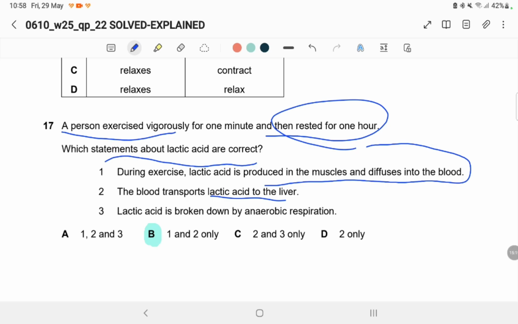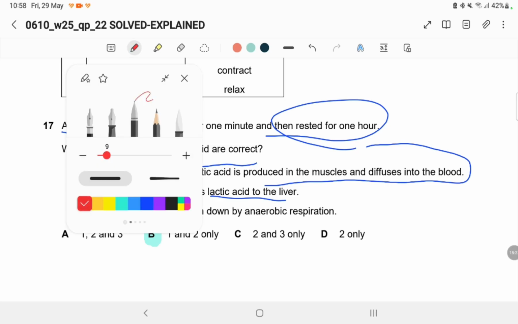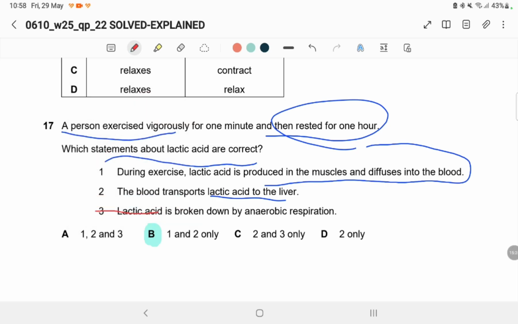Now it's telling you lactic acid is broken down by anaerobic respiration. Oh no, no, not at all. This is already denied and ignored. This answer is really very bad. It's saying we deliver the lactic acid to the liver to be broken down in an anaerobic way, but it should use oxygen. So 1 and 2 are the only correct statements.